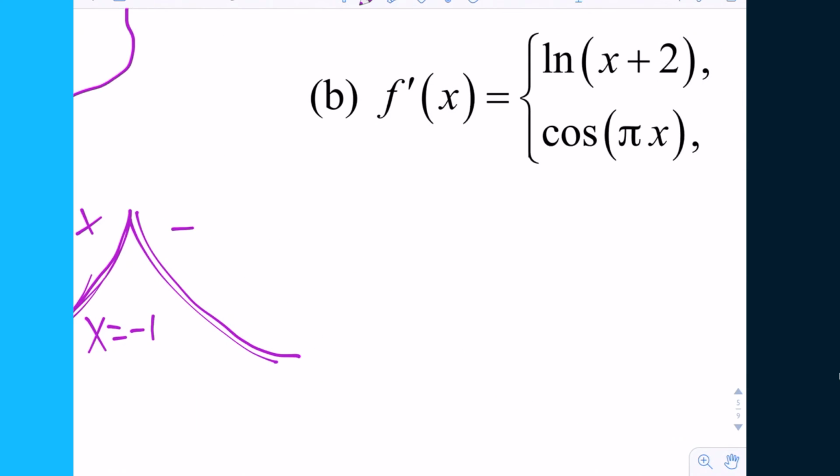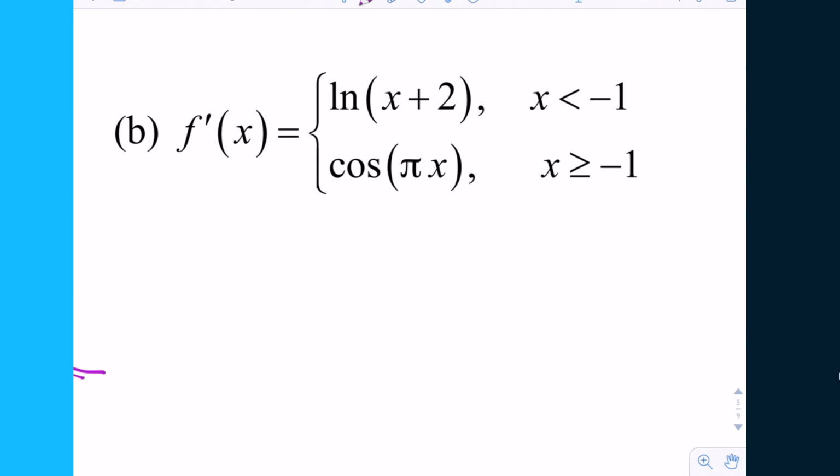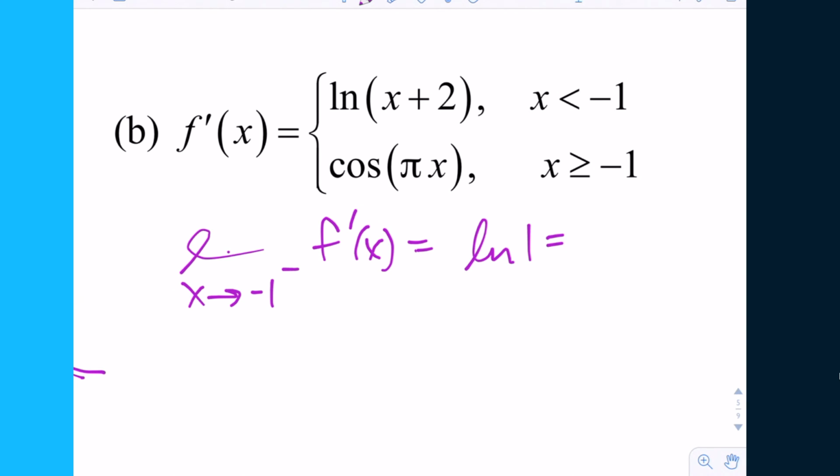All right, letter B. Now remember, we are told for these examples that f, whatever the function is, is continuous for all x. So all we have to do now is check to see if the slopes are the same from both sides of -1. So the limit as x approaches -1 from the left of f prime, by direct substitution, becomes the natural log of 1, which is what? 0.